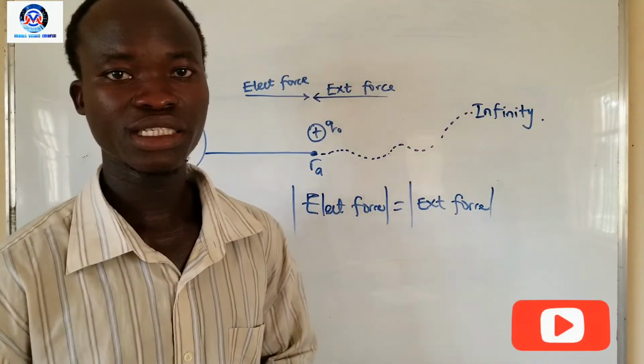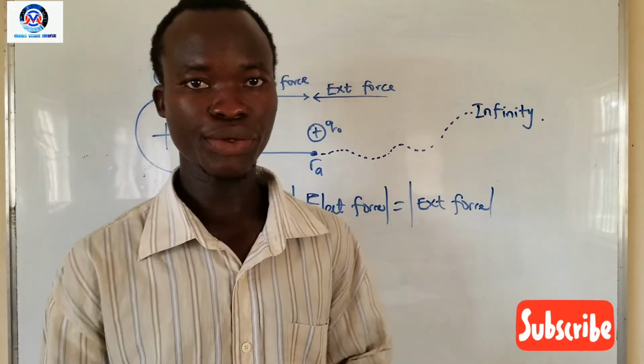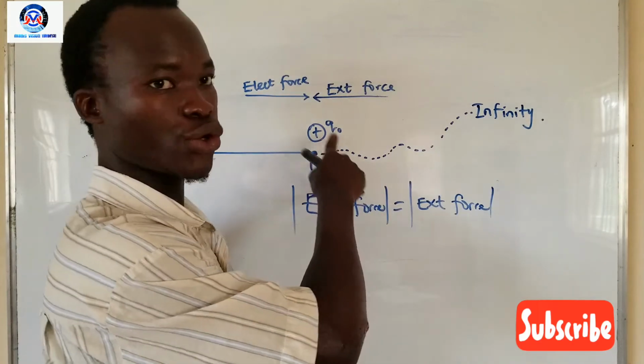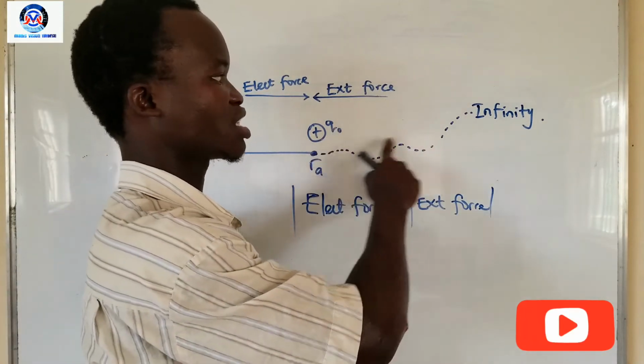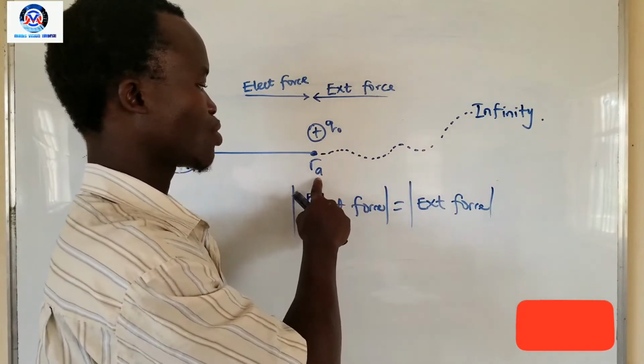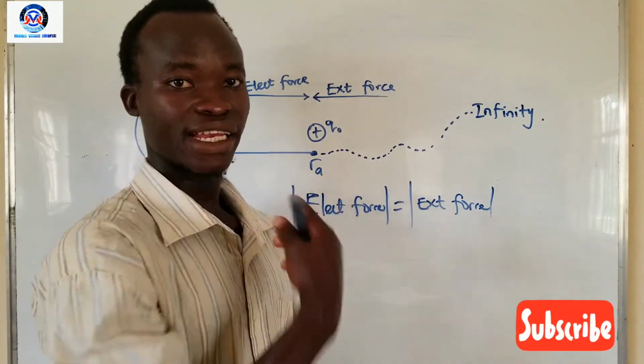Now, we want to find the work that must be done on the test charge Q0 to bring it from infinity to a point Ra against an electric field.